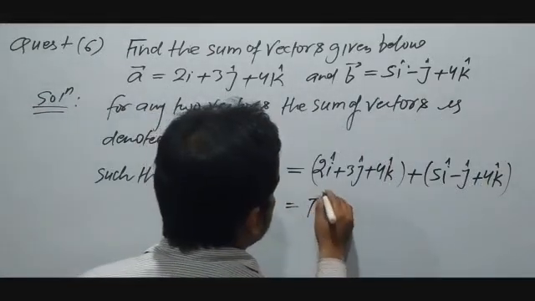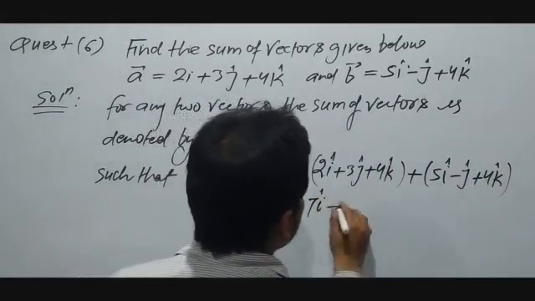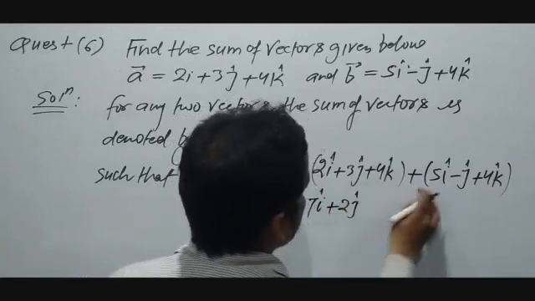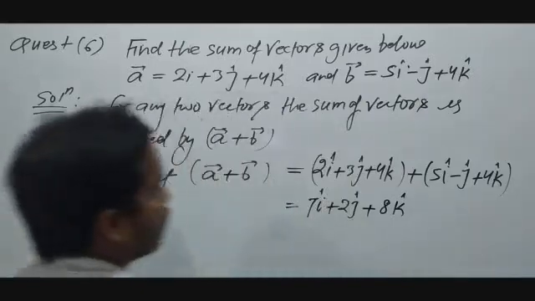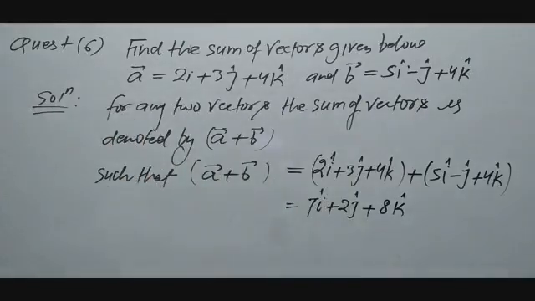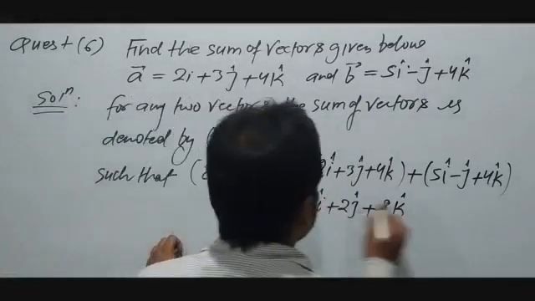This one we can write 7i plus 2j plus 8k. This is the sum of two vectors.